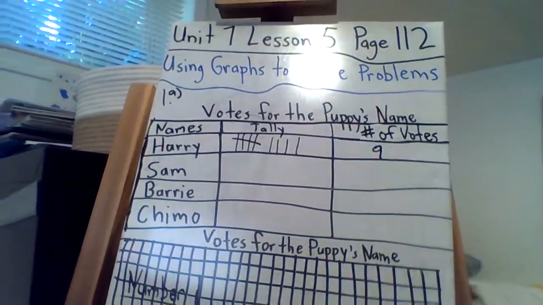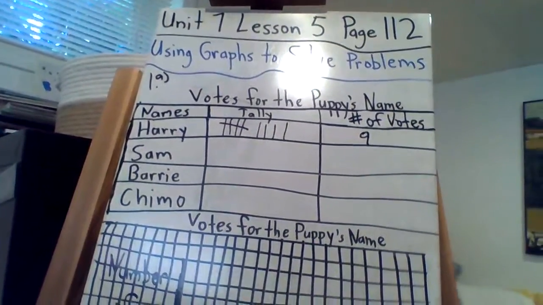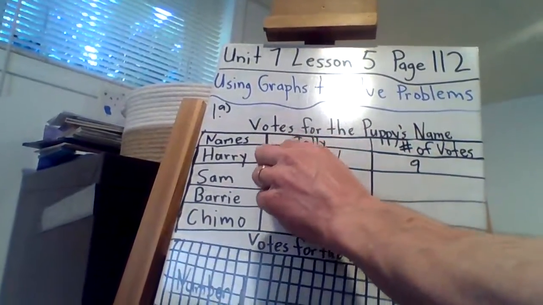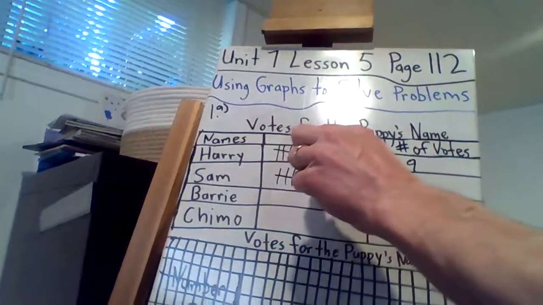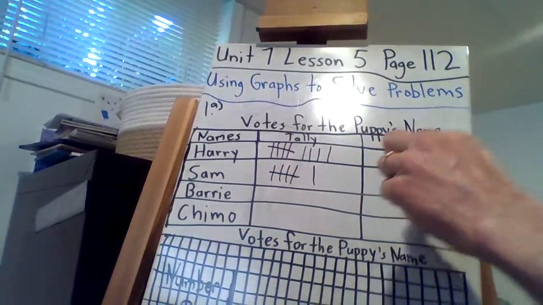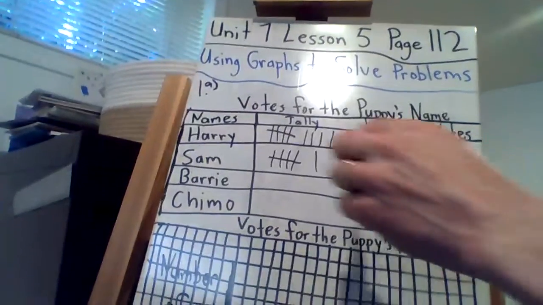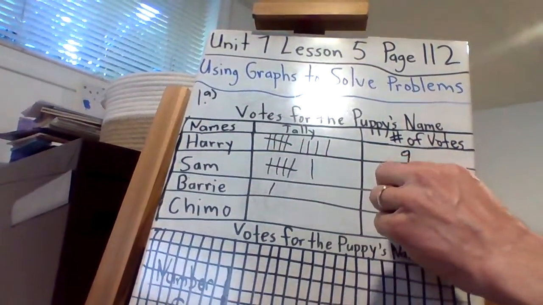Okay, Sam, on the other hand, only had, it's like 6. 1, 2, 3, 4, 5, and one more, 6. And then Barry did not get too many votes. Looks like just 1 little vote for Barry. 1.